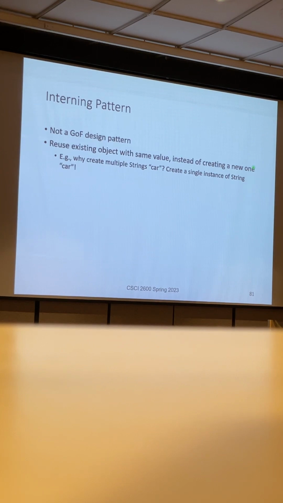If you were ever wondering about Python, for example, Python interns small integer values from -128 to 127, right? No matter how many times you say 116, it's going to be the same object.